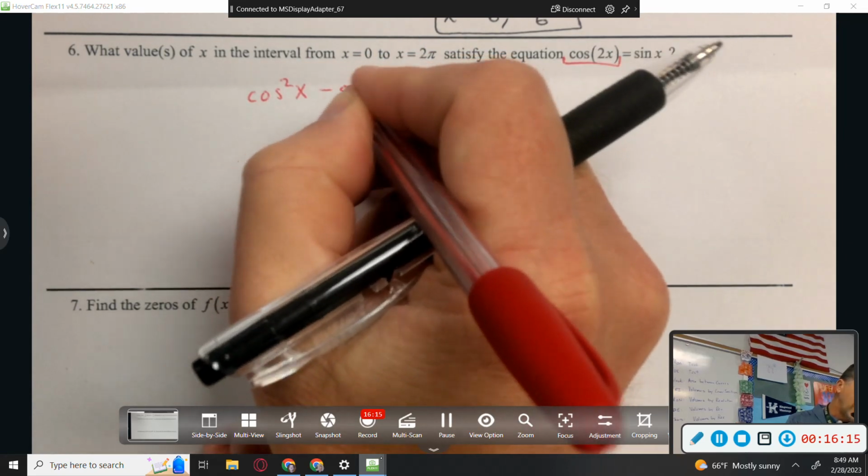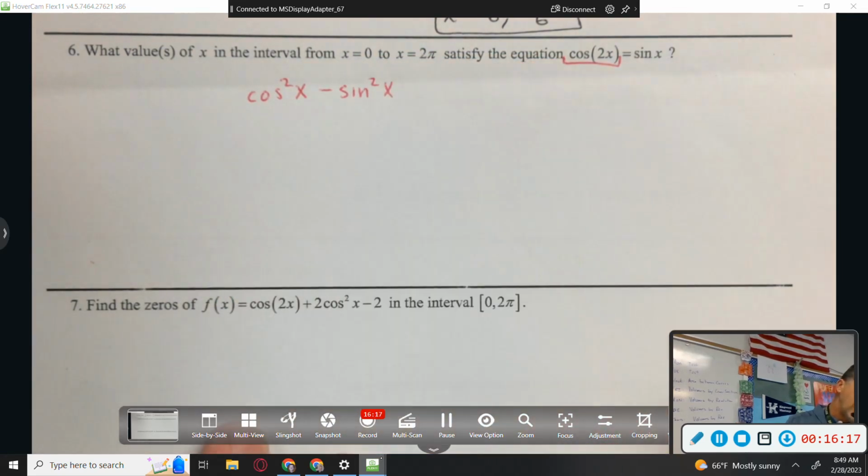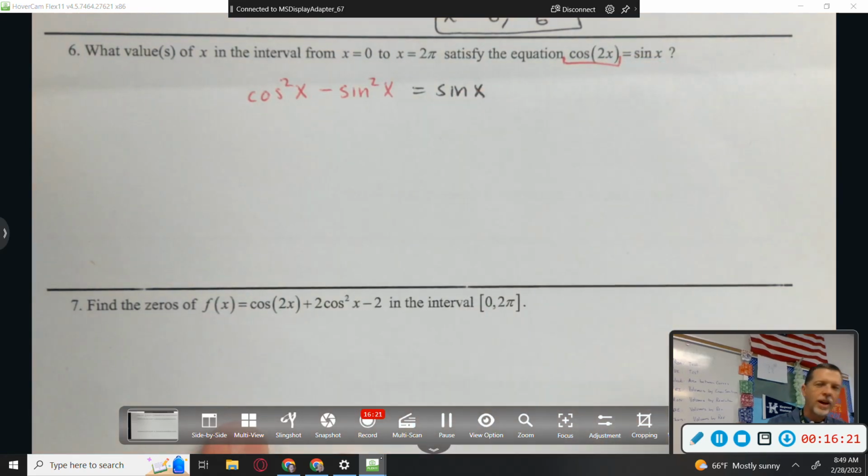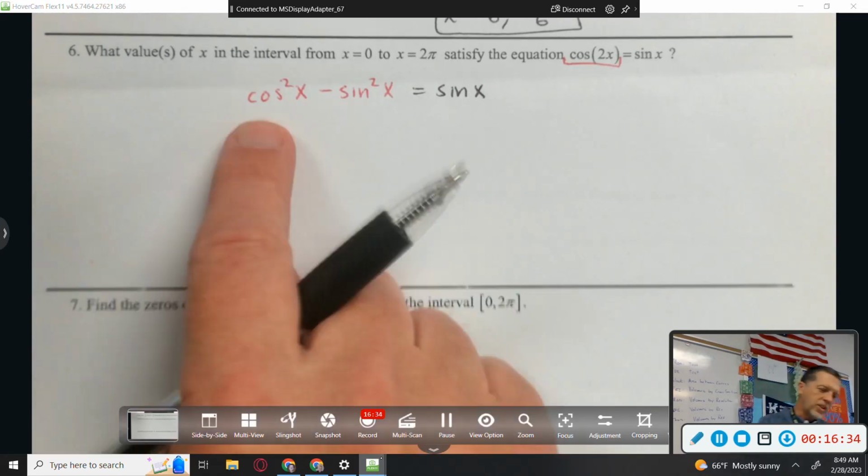Cosine squared minus sine squared. It's like, okay, I guess that's good because I don't have the 2x issue anymore. But now I have sines and cosines. If only I could get rid of maybe that cosine squared.